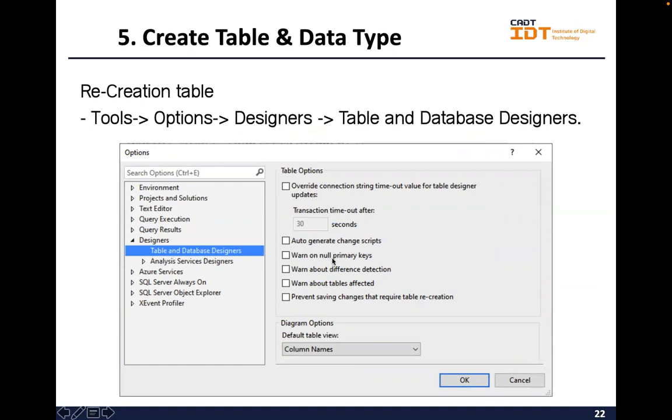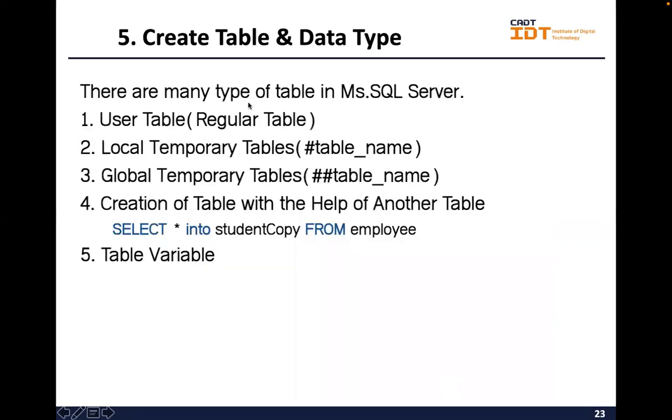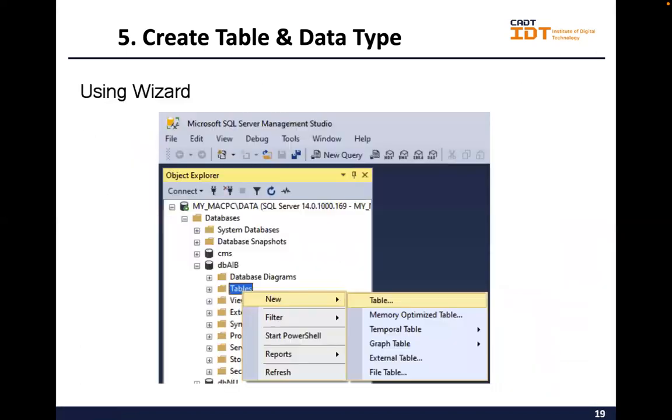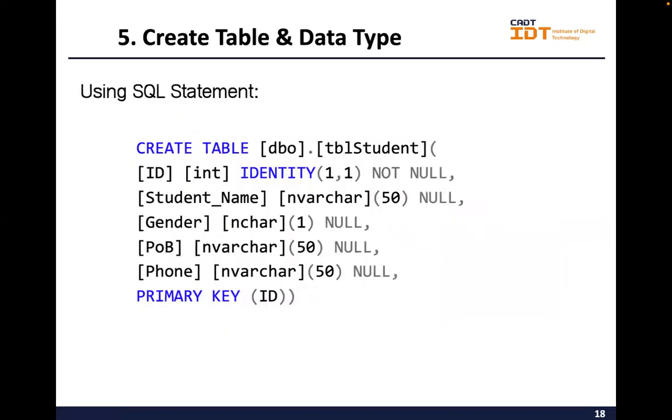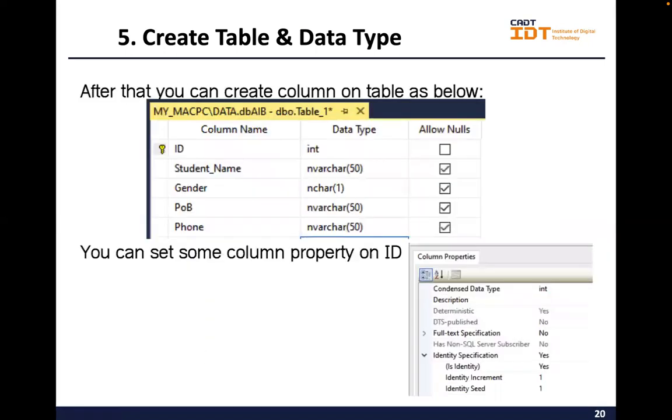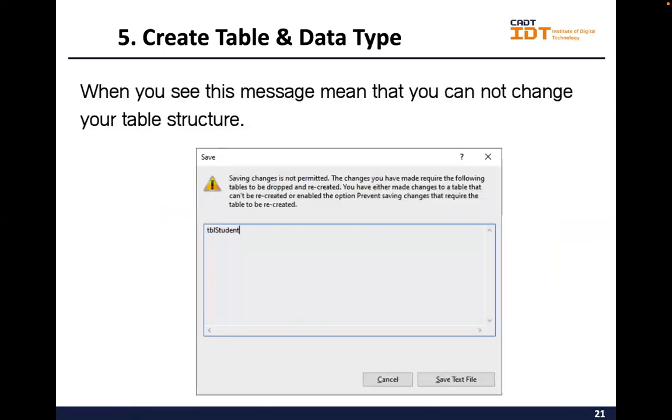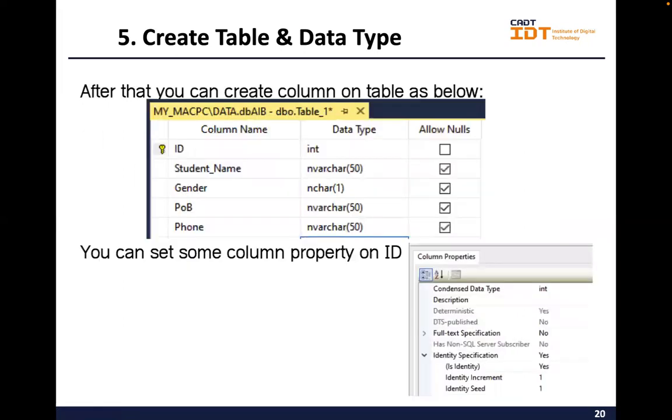Then you select it and find the option to prevent saving changes. You can see the default, and you select OK. Okay, so this is how I introduce you to creating a table.